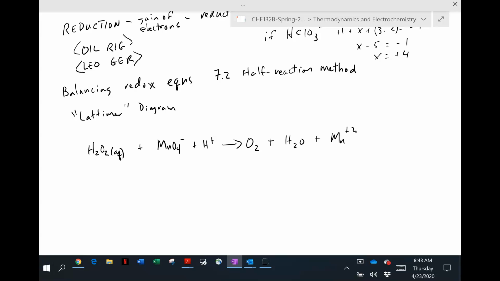Now, when we're analyzing a reaction in terms of redox, we need to go through and identify the charges on each atom.